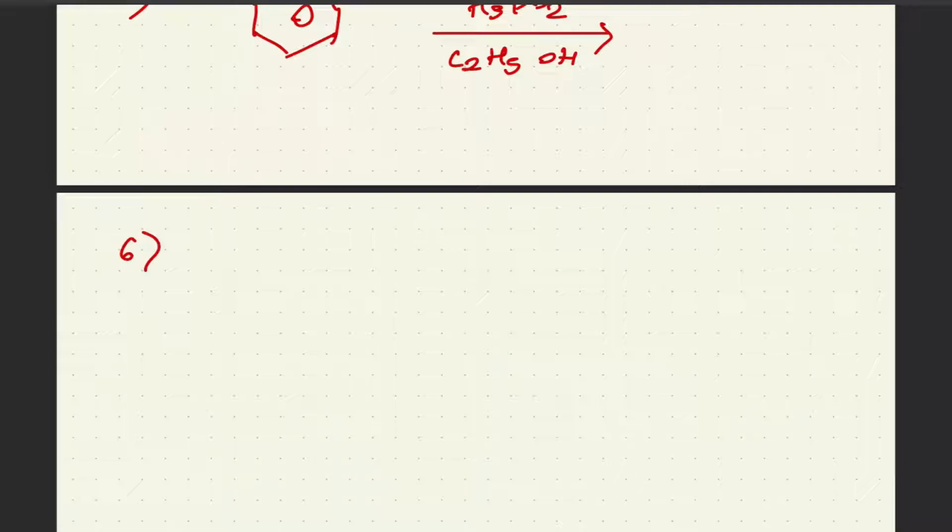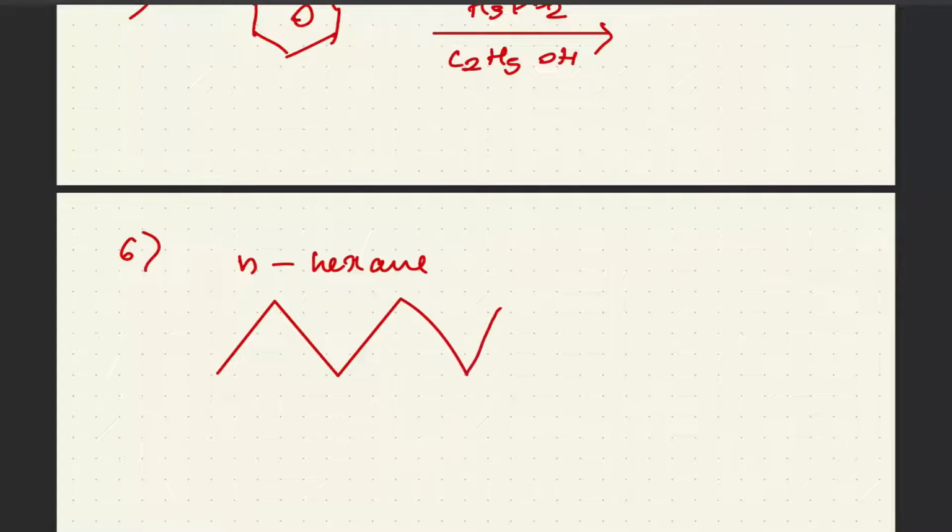And the other process is N-hexane. You must know what N-hexane is. One, two, three, four, five. Okay, let me do it properly. Okay, this is N-hexane.